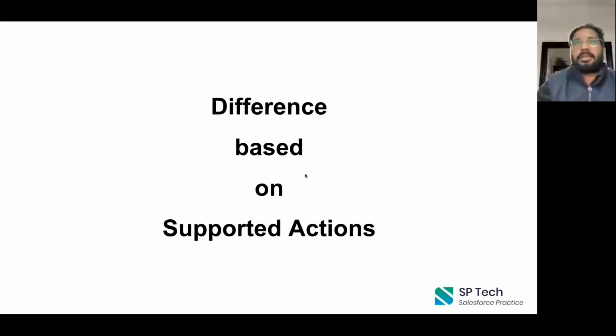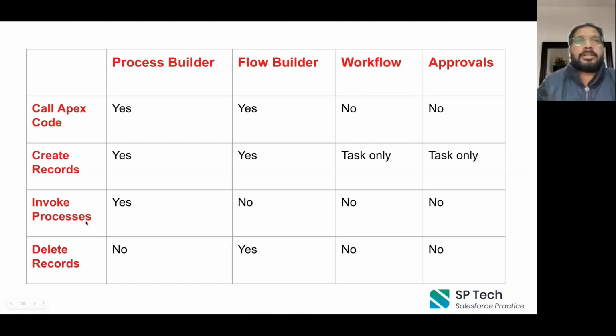Now let's discuss the difference based on supported actions. These are the actions, and we need to see whether each is supported by a particular tool or not. Call Apex code: you can see yes or no is mentioned. Then create record, invoke processes, delete records.